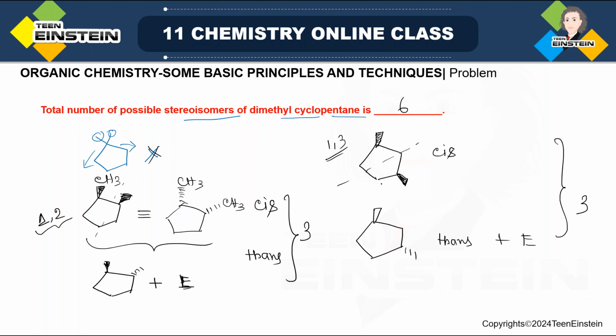Now if you are thinking why not place the methyl on the next carbon, if you position the methyl on the next carbon, again it will be another 1,3. So actually there are 3 types of possibilities: 1,1, 1,2, 1,3. But 1,1 we have cancelled. Under 1,2 we have 3, under 1,3 we have 3. So the total is 6. But 1,4 is not possible because if you draw it, it is actually again 1,3, right? So the answer will be 6.